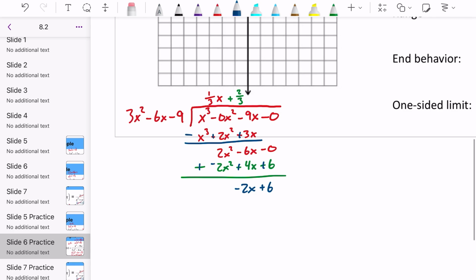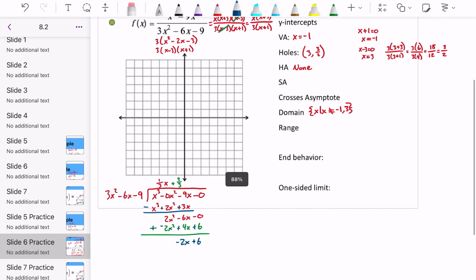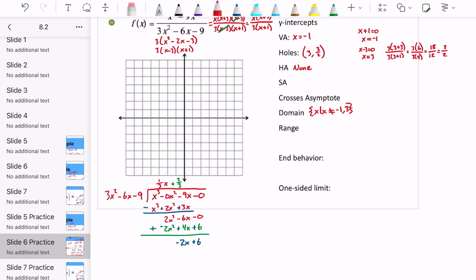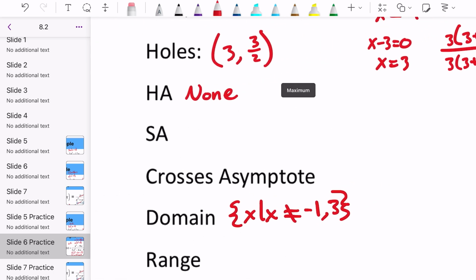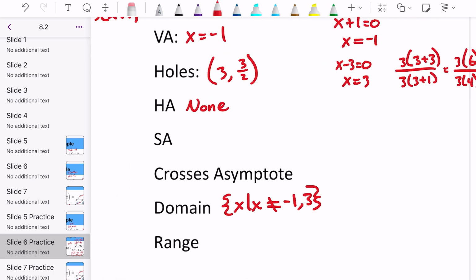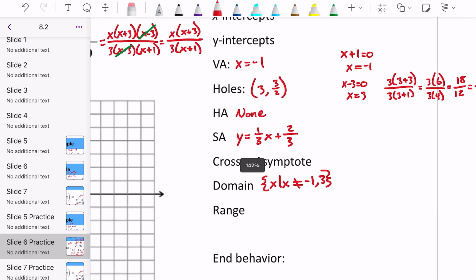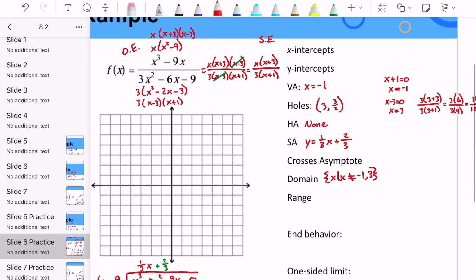So in this case, our simplified answer, once all of the long division has been completed, is that our slant asymptote would be at y is equal to 1/3 x plus 2/3. Keep in mind, this is set up in the fashion of y is equal to mx plus b.